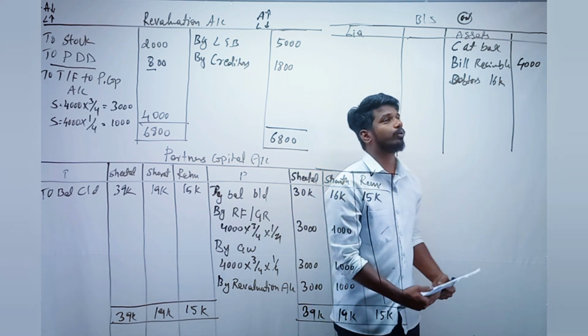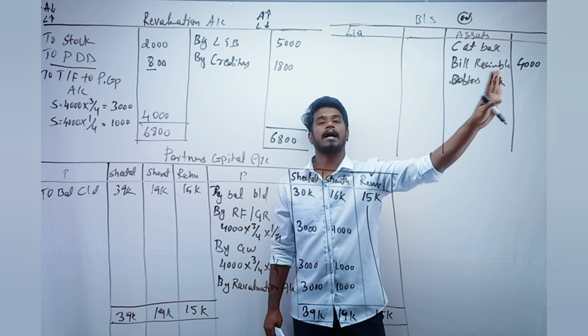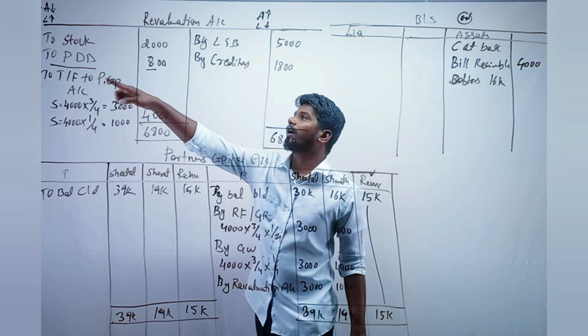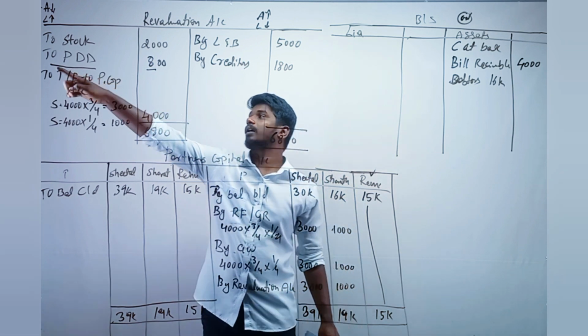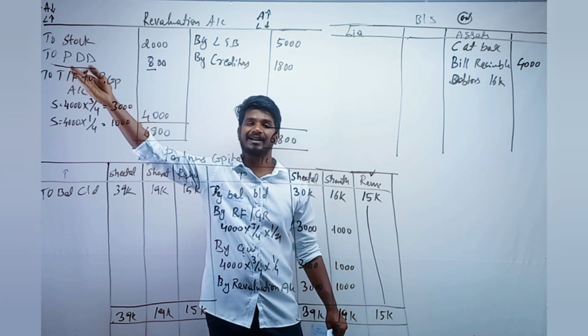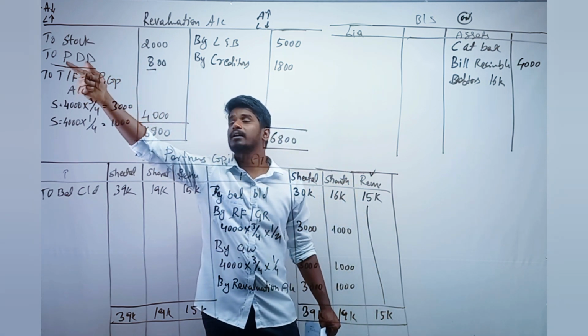So what should we do? We are in the asset side, that is the credit side, just for understanding, correct. And in the revaluation account, the PDD, the provision for doubtful debts, whatever we created at 5% of debtors, is on the debit side.